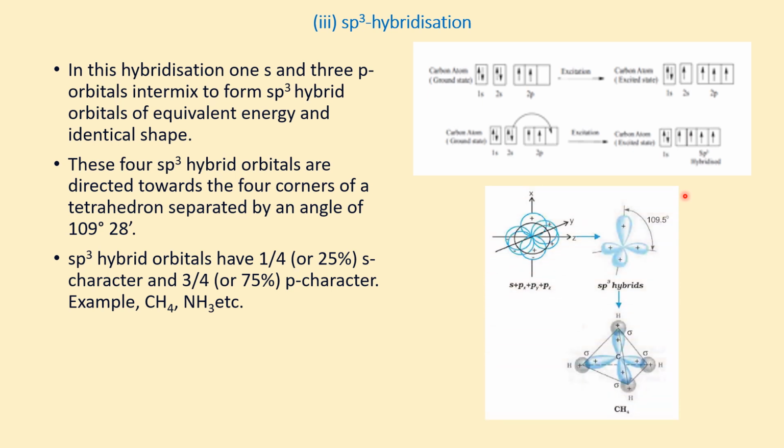The figure below shows the formation of sp3 hybrids by combination of s, px, py and pz atomic orbitals of carbon and the formation of the CH4 molecule. Other examples of sp3 hybridization are NH3 and H2O.